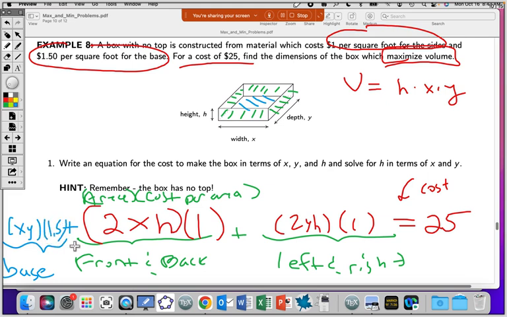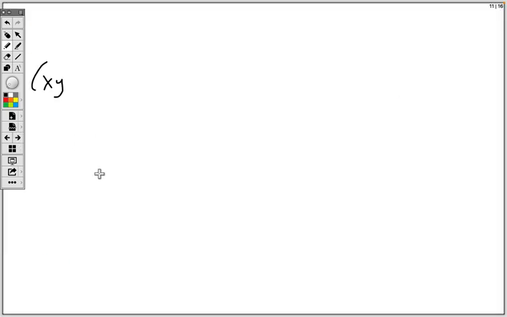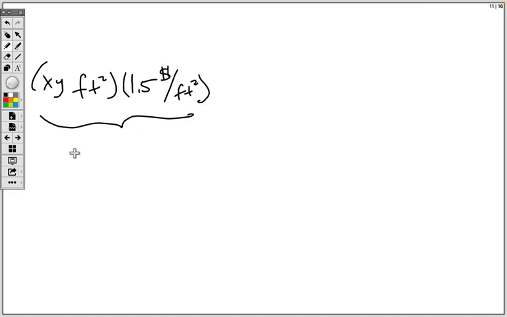times the cost, $1.50. Okay, so let's rewrite this so everyone's good here. We've got the x times y, and we're assuming we're measuring x, y, and h in terms of feet. So x times y would give us feet squared times $1.50 per square foot. That's your base.